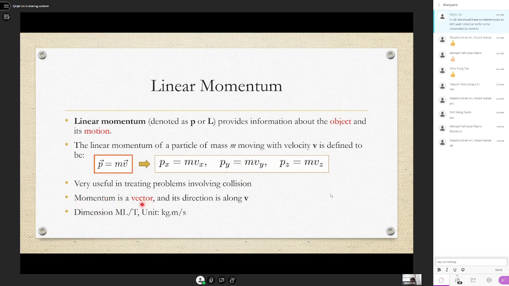Momentum is a vector, and its direction is along v. Vector means it has direction. Energy has no direction, but momentum is like force, it has direction, and the direction will point in the same direction as the velocity. Because velocity also has some direction, correct? The dimension is given by this, and the units are given by this.